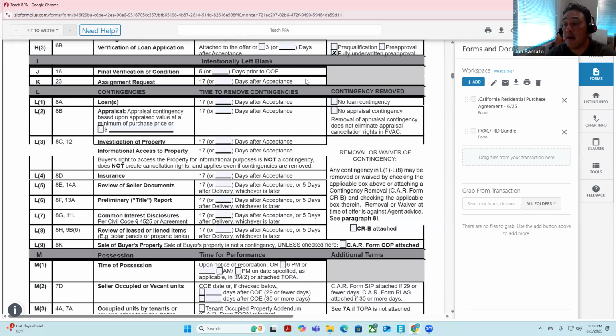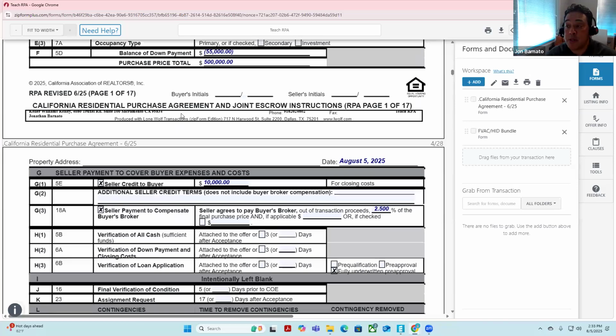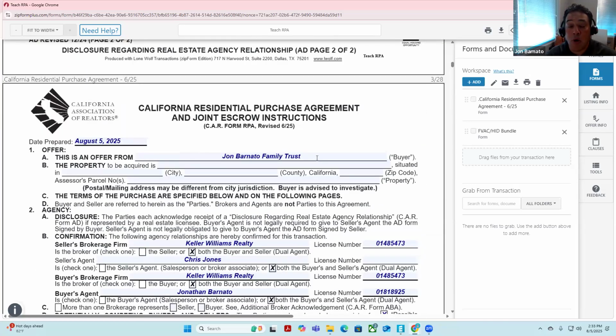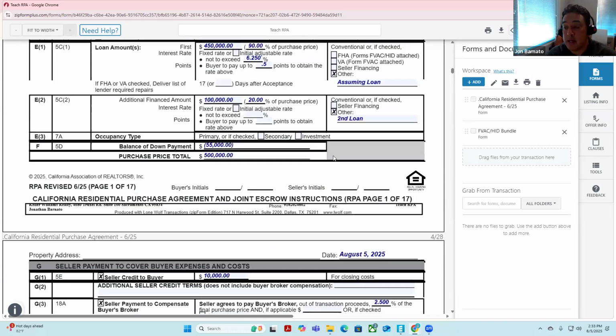Assignment request. This is not often. You'll see this more with investors, especially wholesalers. Assignment request. This contract defaults to allow a buyer to assign the contract to anyone they want for 17 days. So you'll see those wholesale offers that really like this, or they'll sometimes put here, John Barnato or assignee. They'll write that in there a lot.